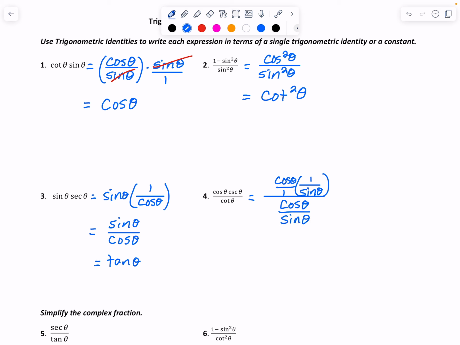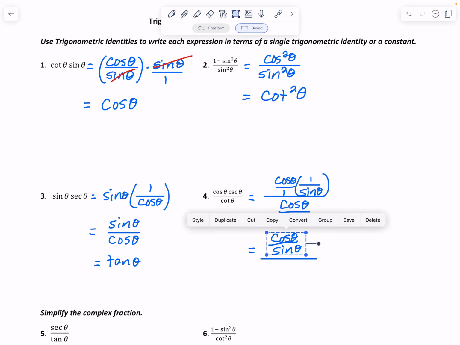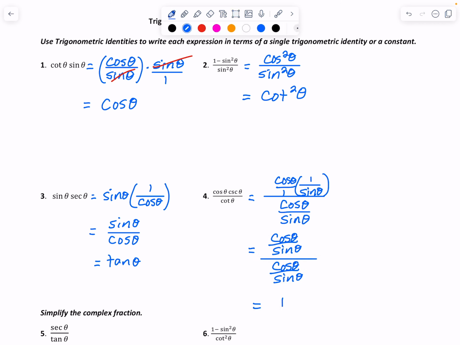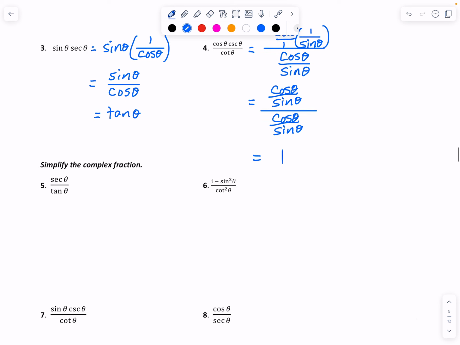If I multiply the two top, I'm going to get cosine theta over sine theta divided by that same exact thing. So I'm just going to duplicate this. And anything over itself is going to be 1. You could have also left the bottom as cotangent up front and multiplied once and got the cotangent. There's a lot of ways to do these.